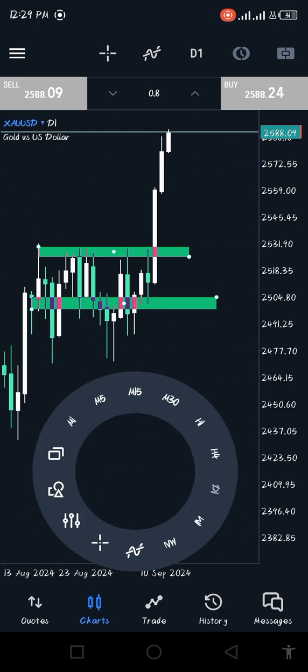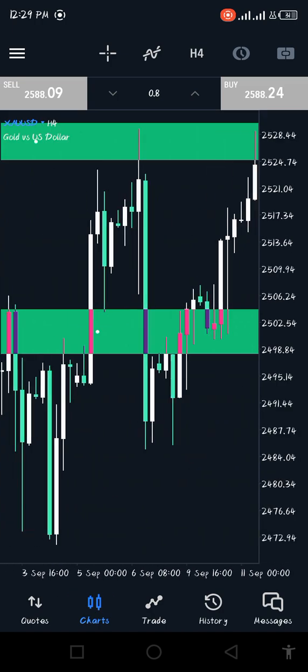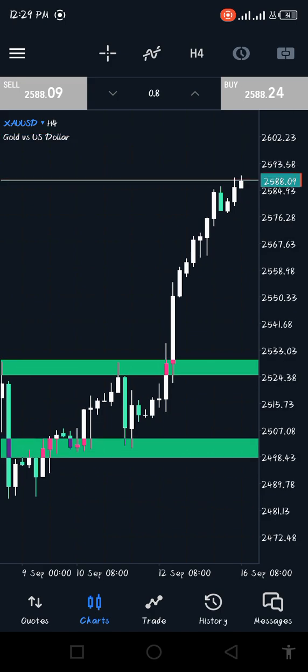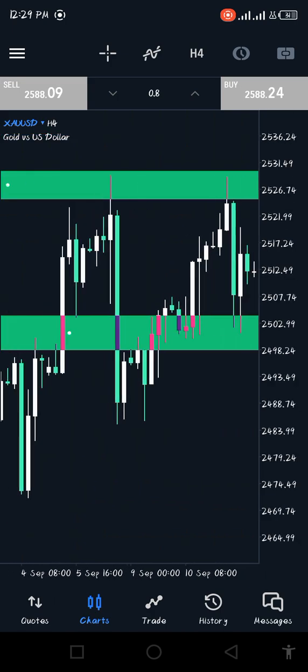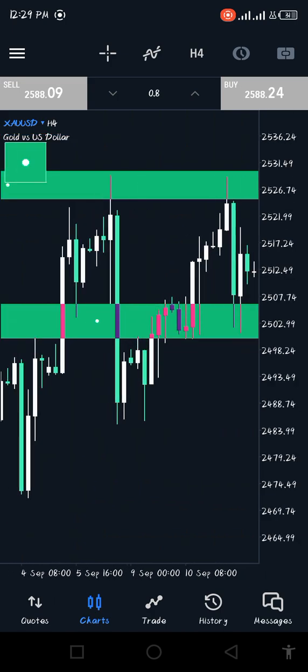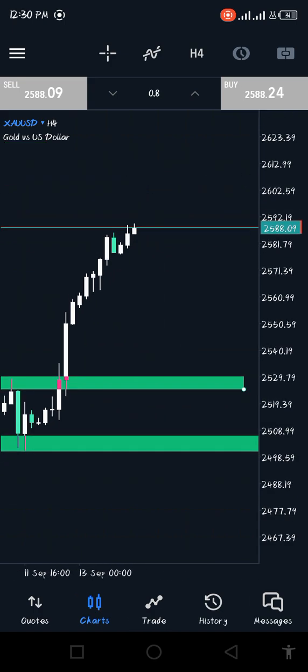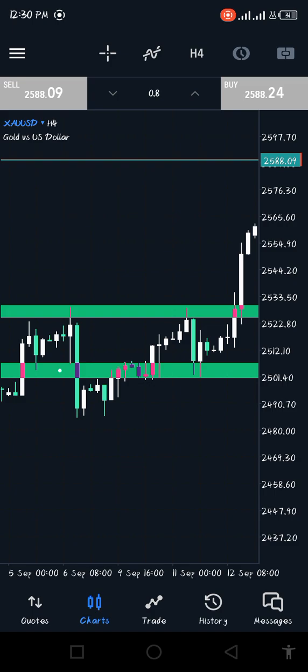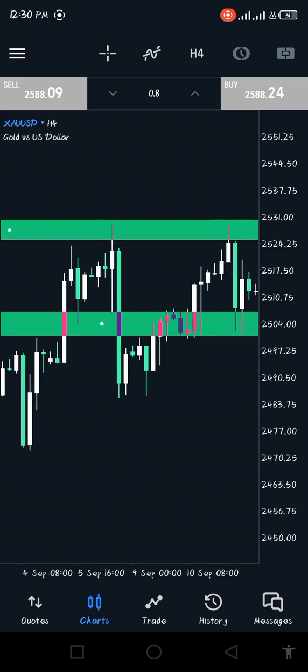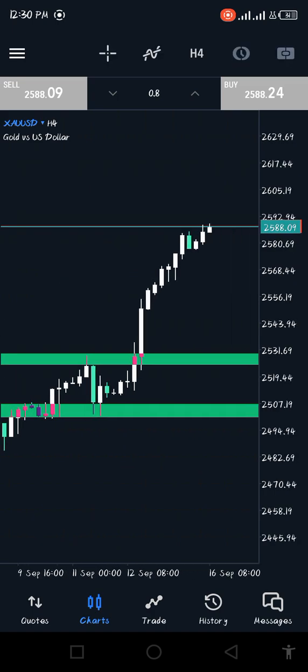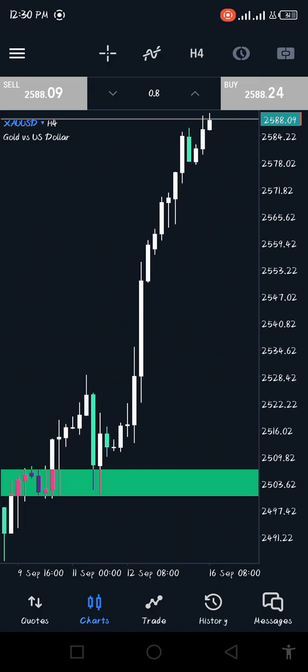If we can move to the 4 hour time frame, we can define those zones just like that. I can actually define this zone. Do you see where price is being pointed?